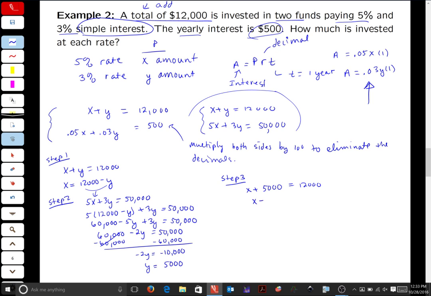What does that tell you x is equal to? 7,000. So our answer should be 7,000 at 5%, and 5,000 at 3%.